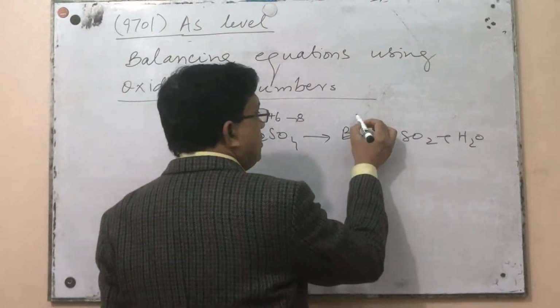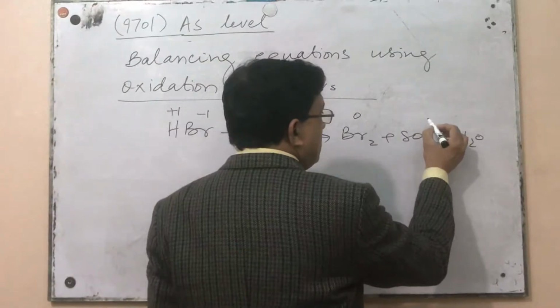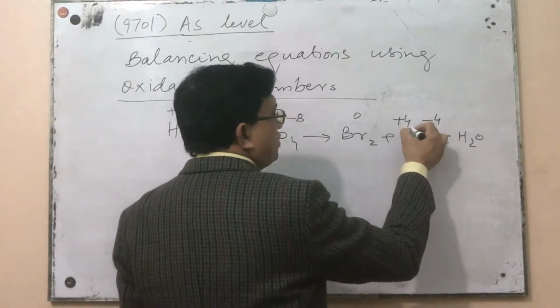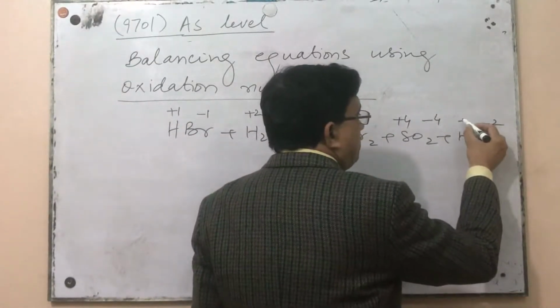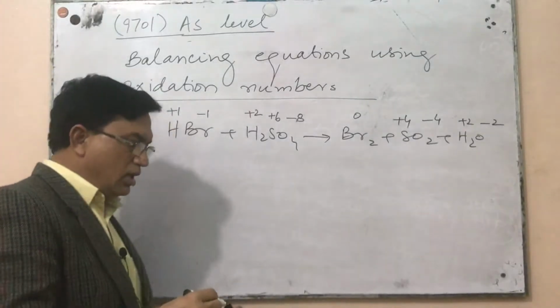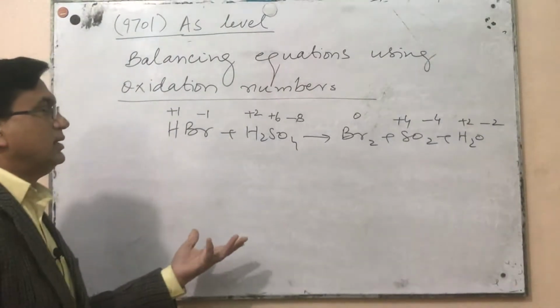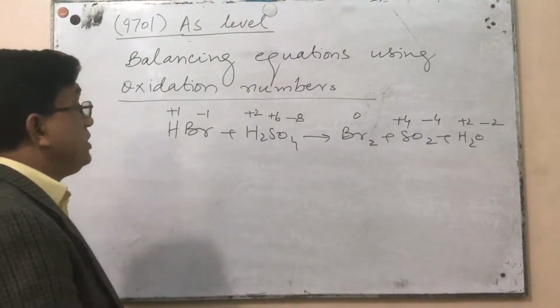Here, bromine has a 0 oxidation state because this is a molecule. Sulfur dioxide: in case of sulfur dioxide, oxygen has -4 and sulfur has +4 oxidation number. In case of water, -2 and +2 oxidation states are there. Now in the second step we have to select those atoms whose oxidation state changes.